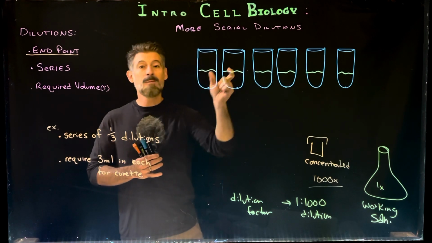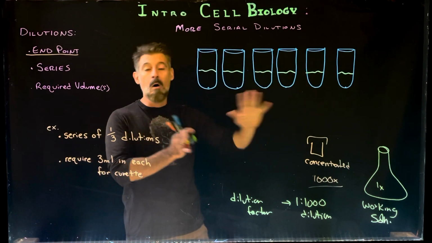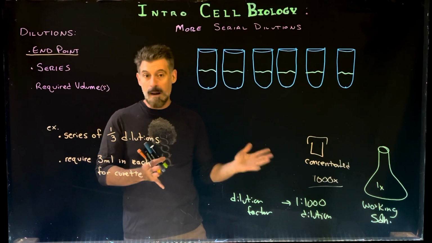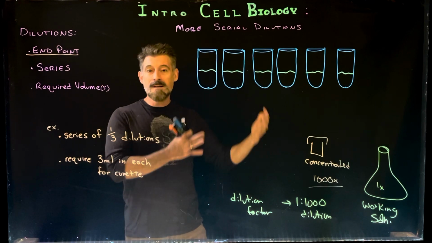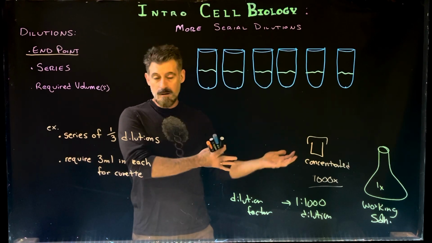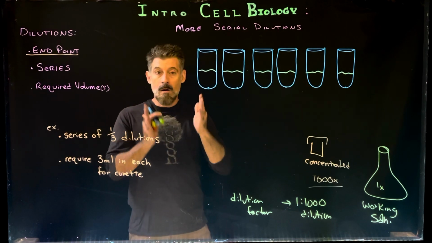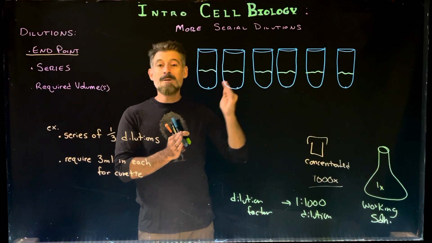So every single tube is a dilution that you're creating, and you're creating a series of them, and you're going to use all of them. That's another potential scenario. So you have to kind of know what is the end goal. Just a single solution that you're going to use, or is it a whole number of different solutions in a series and you need all of them?